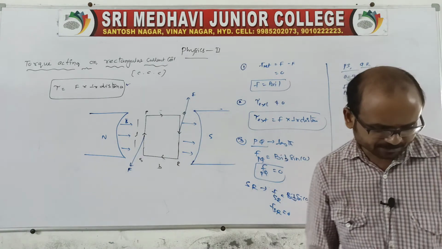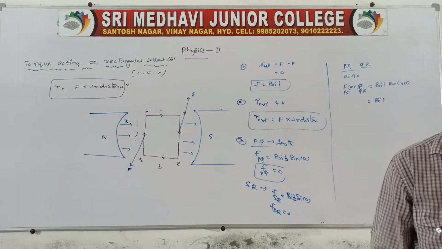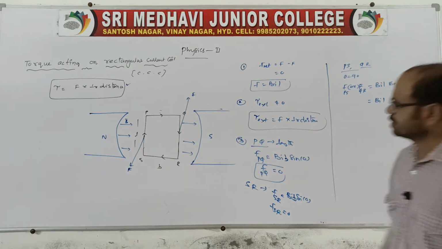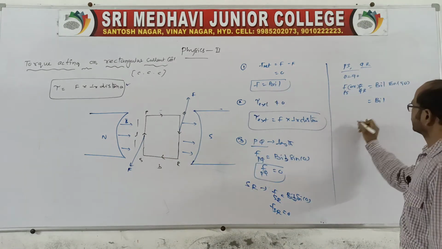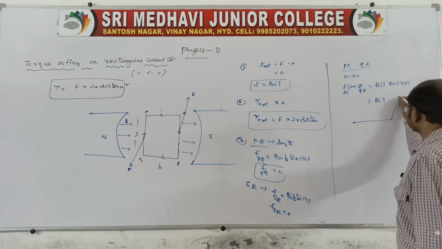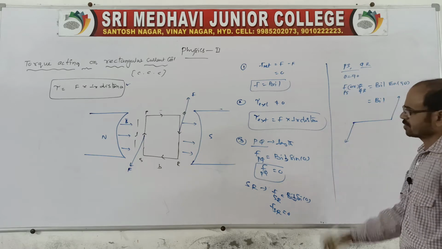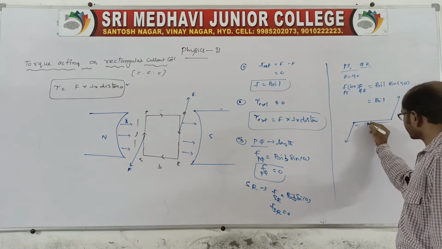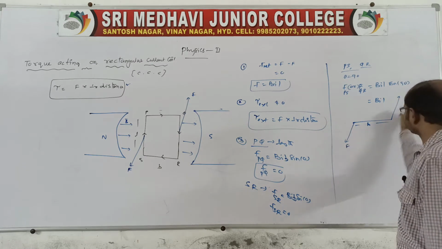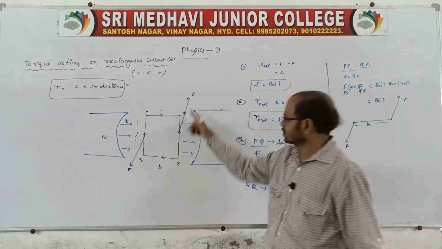Now we need to find the perpendicular distance. Take a diagram where the force is acting like this, equal and opposite. There is a force acting perpendicular to the breadth. Look at this force and this force.